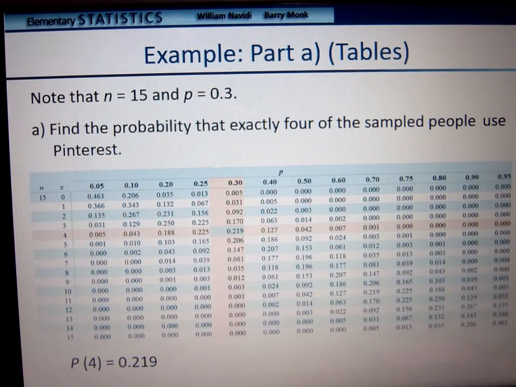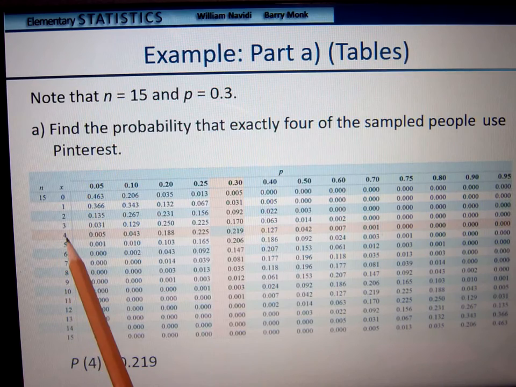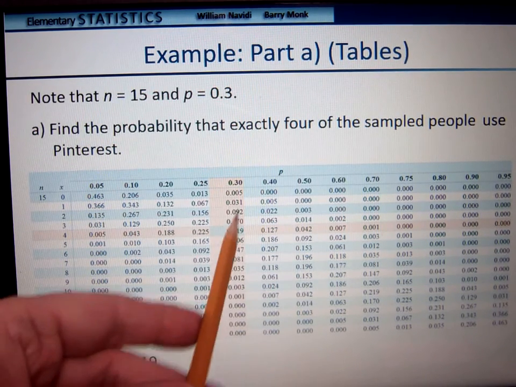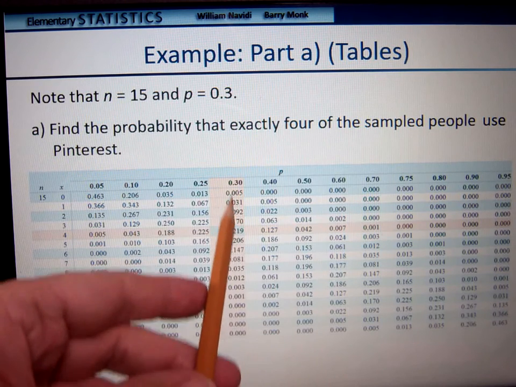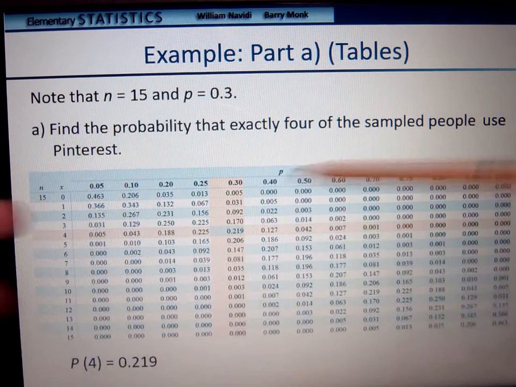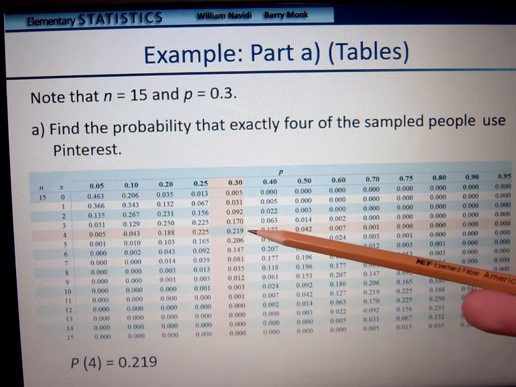Your n value is 15. We want to know exactly 4, so we go here and then straight across and meet up with our 0.3, and that's our answer right there. So it's really nice when you have the tables that you can just look it up that way.